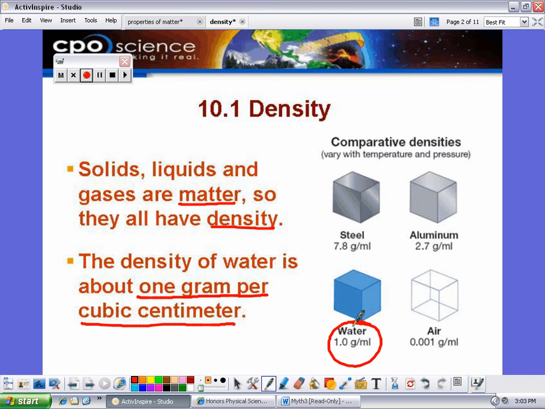That is basically the main density that is used to compare to other things to see if they are going to sink or float. So when you look at steel at 7.8 compared to the aluminum, the water, and the air, steel is the densest, whereas air is the least dense out of these.